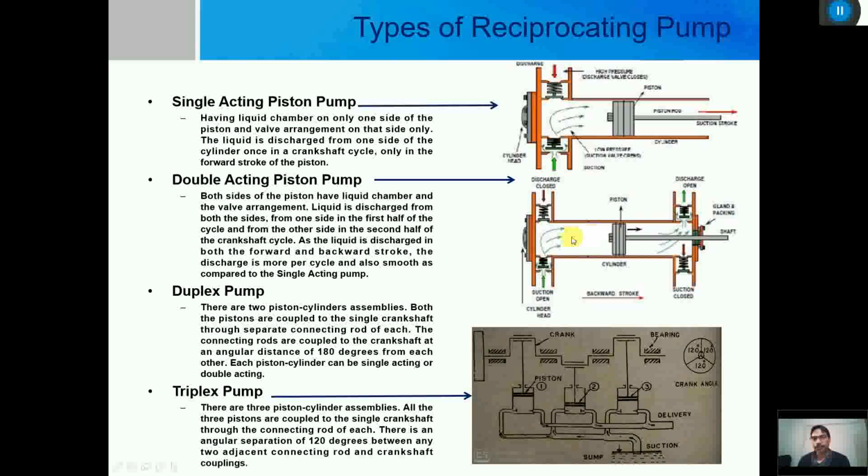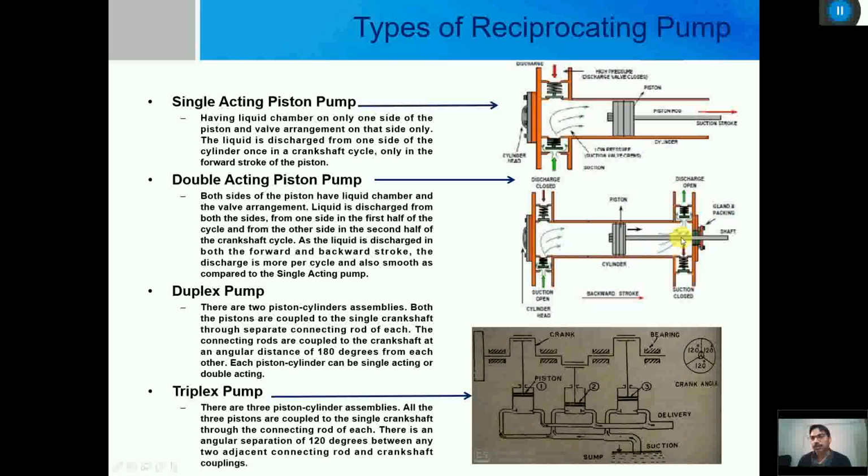When the piston is moving in the positive x direction, on this side the suction gets created as in the first case, whereas the liquid present on the other side acts as the delivery, and because of the higher pressure on this side, this delivery valve gets opened, whereas the suction valve remains closed.